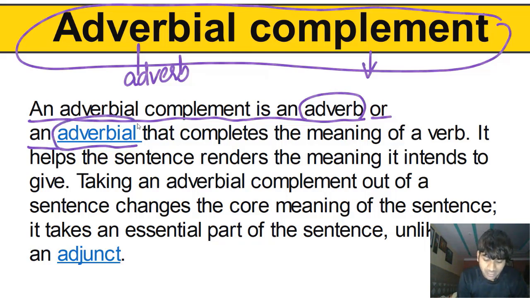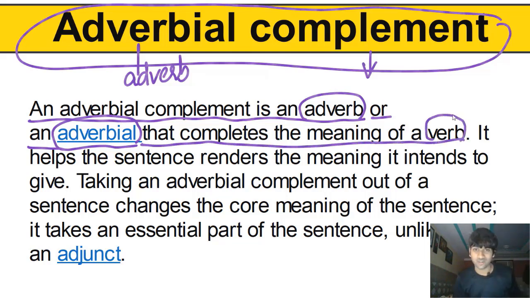But when I say adverbial, it is generally something that doesn't always function as an adverb, but it can function as an adverb in a sentence, like a prepositional phrase, an infinitive phrase, a dependent clause. These can play multiple roles in a sentence, and these can function as an adverb as well. So an adverbial complement is a regular adverb or an adverbial that completes the meaning of a verb.